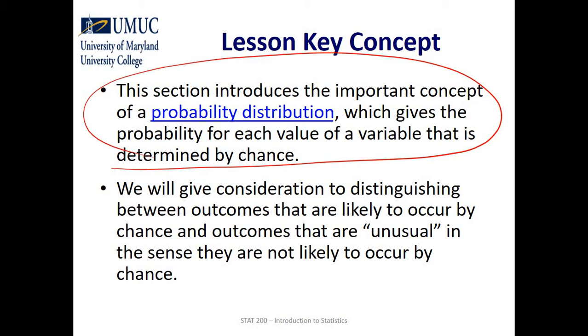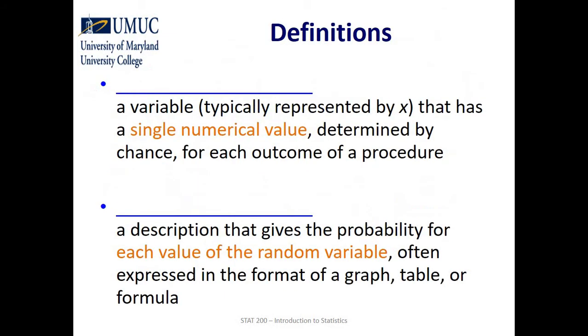We're going to give consideration to distinguishing between outcomes that are likely to occur by chance and outcomes that are unusual in the sense that they are not likely to occur by chance. And we care about those because those can help us figure out whether later on our hypothesis tests are actually incorrect, whether we have an invalid hypothesis.